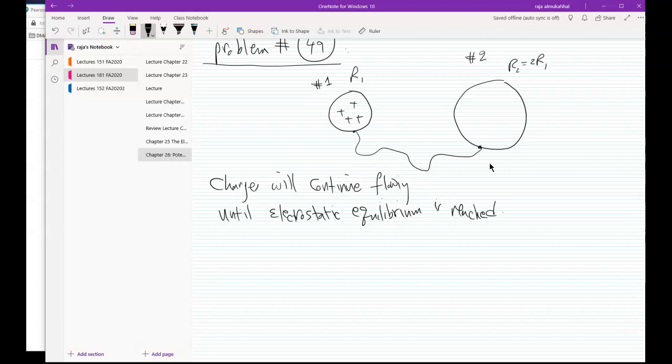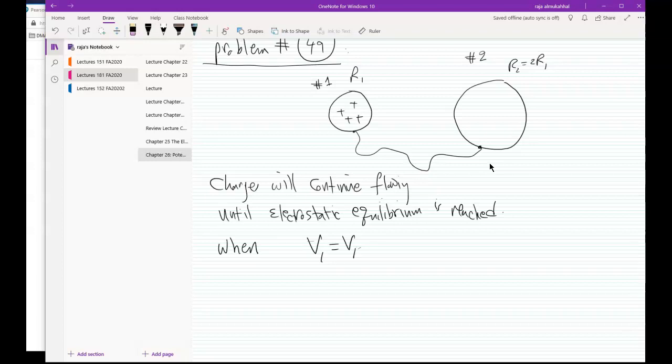But what is the nature of that electrostatic equilibrium? From my experience in class, asking students this one, maybe 1 or 2 out of 90 students will actually get the answer. When the two potentials are equal. When V1 equals V2.